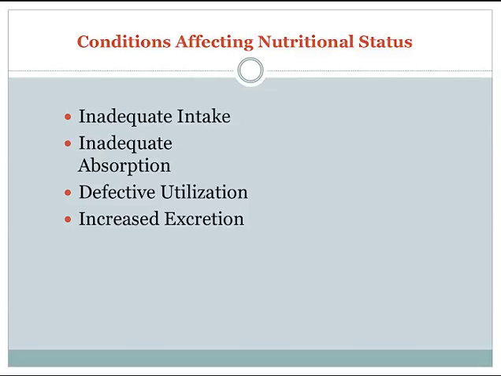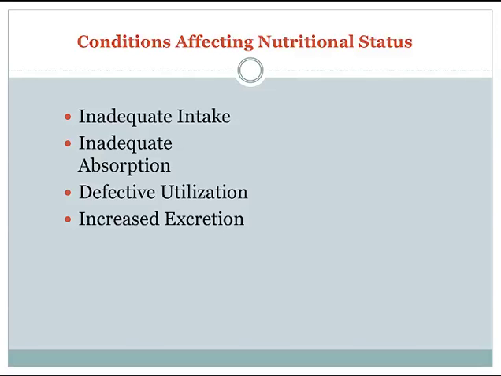They may have defective utilization. So for instance, they might eat something, they might absorb it well, it goes to the liver where a nutrient has to be converted to an active coenzyme, but they can't make that conversion to the active coenzyme, so they can't use it particularly well.